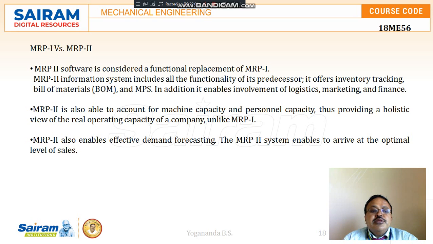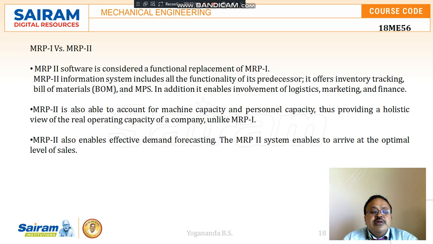In addition, MRP2 enables the involvement of logistics, marketing and finance. Once the finished products are ready for dispatch, MRP2 involves logistics and marketing of the finished products and the financial matters related to that.